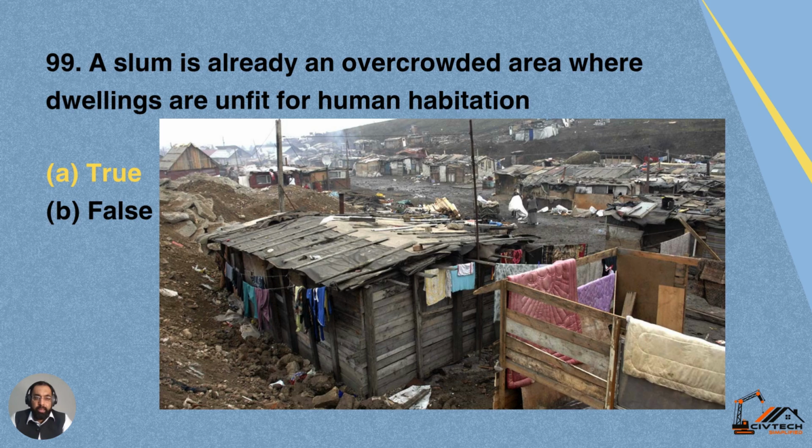Then 99, a slum is already an overcrowded area where dwellings are unfit for human habitation. Is it true or false? Yes, it is true, and you can see the condition of a slum in the picture. These are unplanned small houses, units.